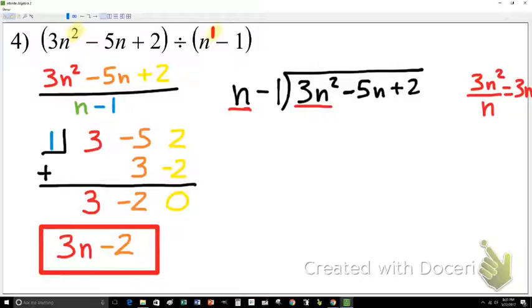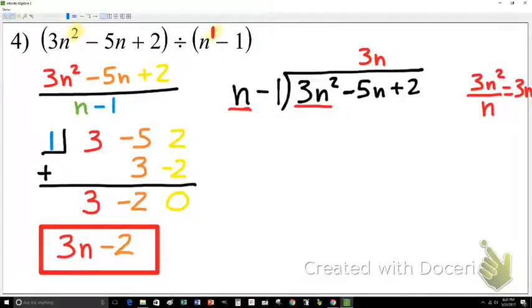Okay? So that's 3n, and where do we place the 3n? We place it up here. So 3n up here. Okay? And then what we do is we multiply that 3n that we have up there with our entire binomial here.